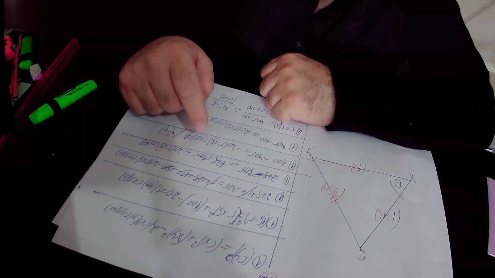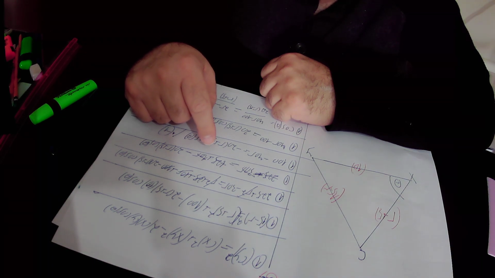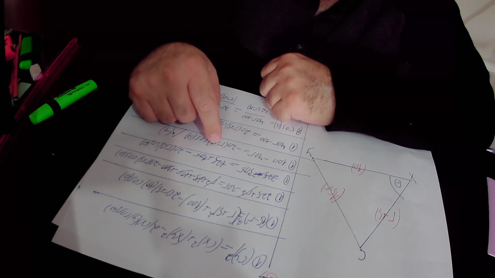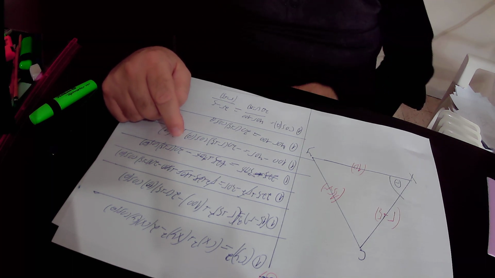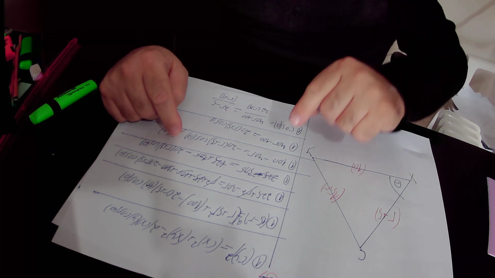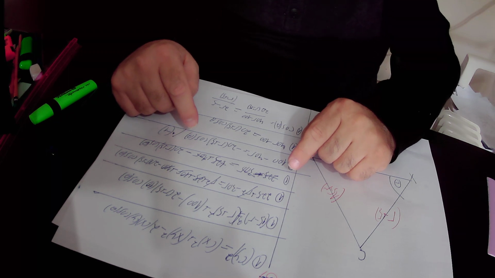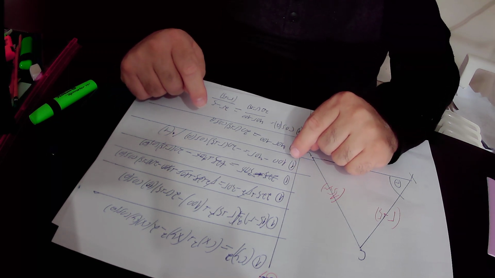So here we subtracted 125 from equation number 1. 225 minus 125 is 100.